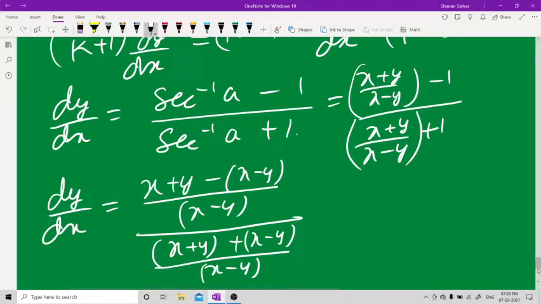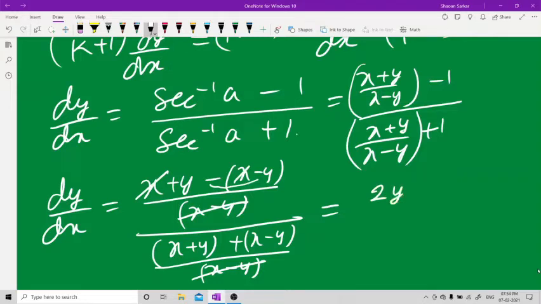This will cancel with this. Now what will remain is x. This x will cancel with this, and this minus will make this minus plus, so you will get 2y. ये minus और ये minus इसको plus कर देगा, y, और यहाँ पे y कट जाएगा, आ जाएगा 2x. 2 cancel, and this is y upon x. So you got this type of question.